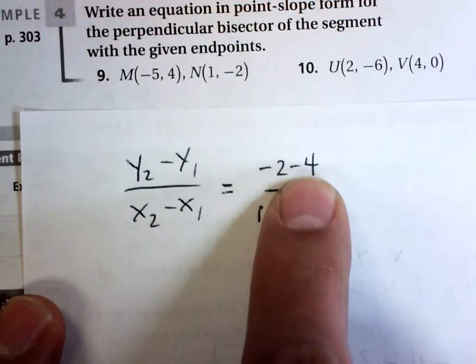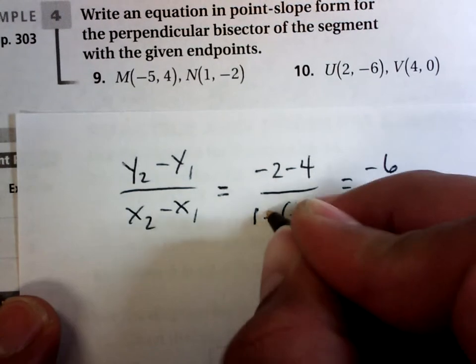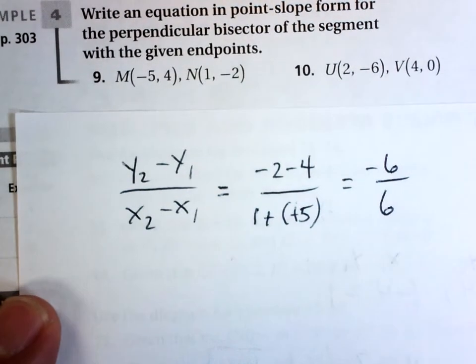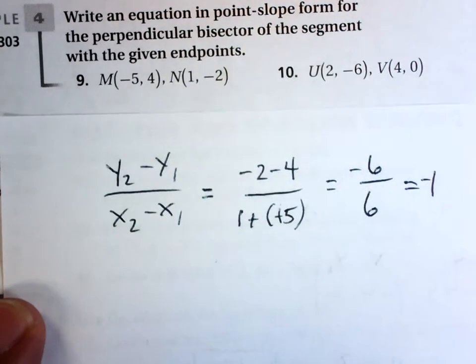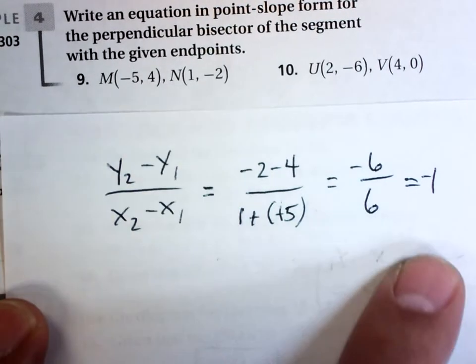So negative 2 minus 4, that's negative 6. A minus minus means plus. 1 plus 5 is positive 6. Negative 6 divided by 6 is negative 1. Okay, so my slope of MN is negative 1.